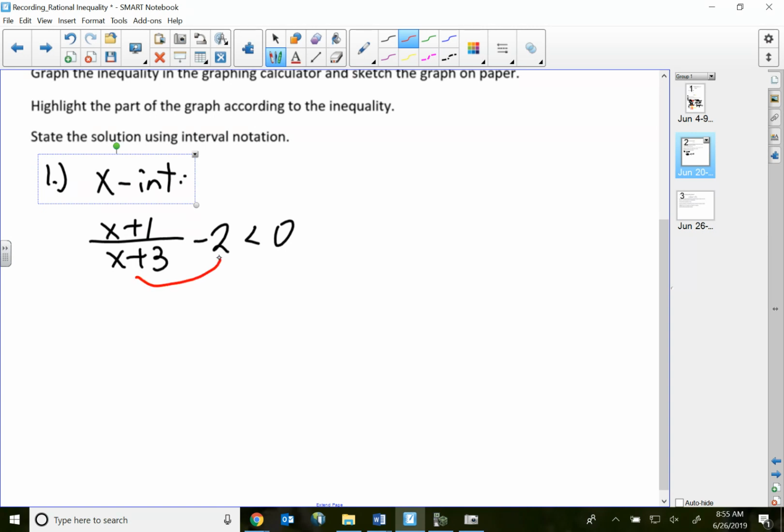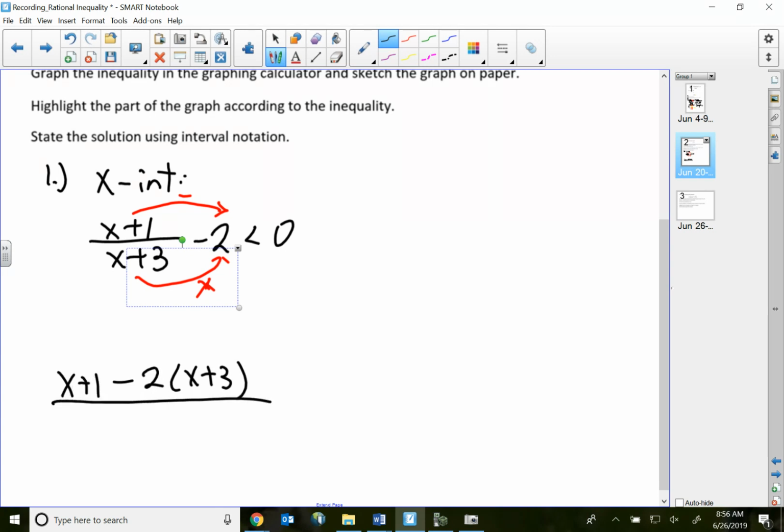I take my denominator times my whole number, so x plus 3 times 2 is 2 times x plus 3, and subtract what's on the numerator already, x plus 1. The whole thing is still over the LCD, x plus 3.